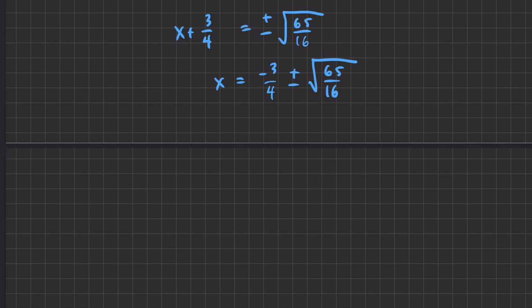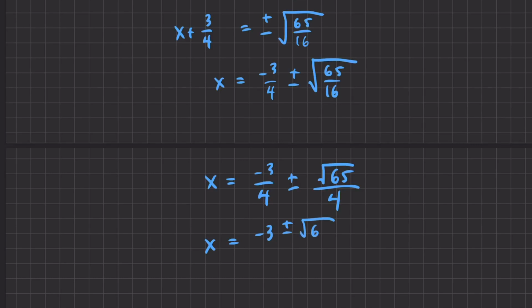So let's keep writing this. x is equal to negative 3 over 4 plus or minus. Well, the square root of 16 is 4, so I can actually keep that square root symbol only on the numerator. So this is now going to be 65 over 4. And now we have a common denominator, so x is equal to negative 3 plus or minus the square root of 65, all divided by 4.